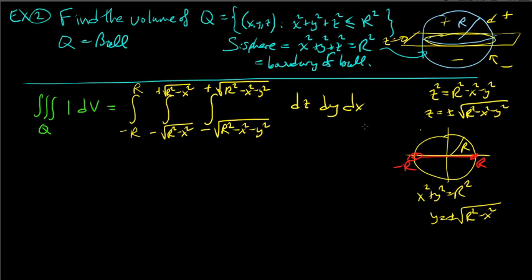So this is what it would be in rectangular coordinates. It's not a fun calculation, but it is doable. If you remember your Calc 2, you should be able to do this.